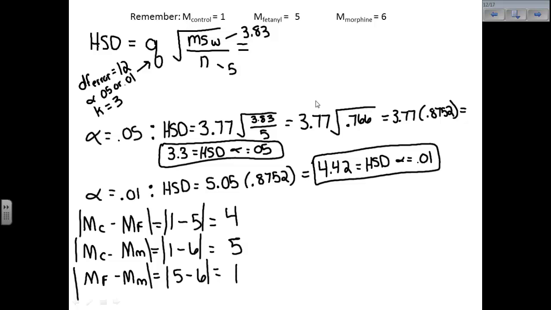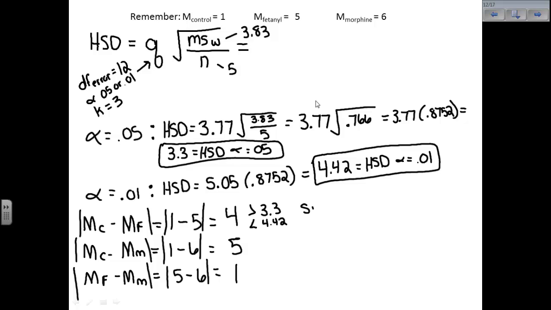So 4 is greater than 3.3, but 4 is less than 4.42. So the difference between the control group and the fentanyl group is significant with an alpha level of 0.05.